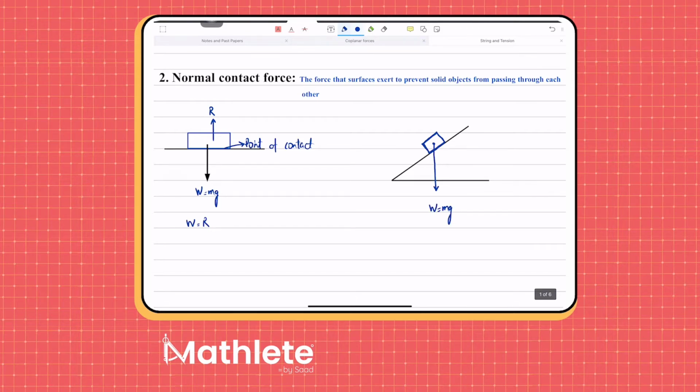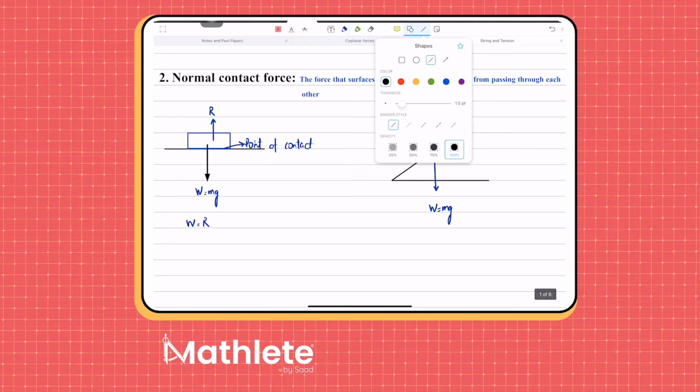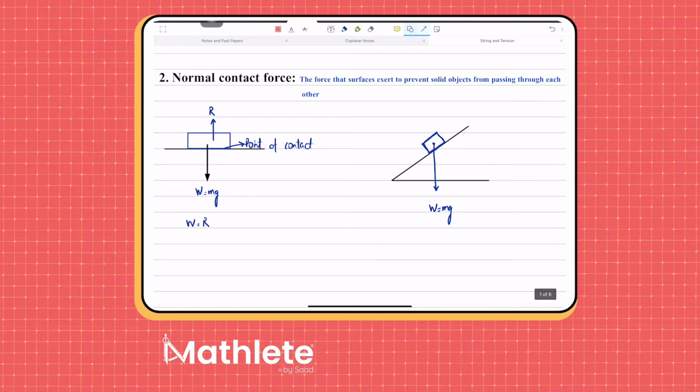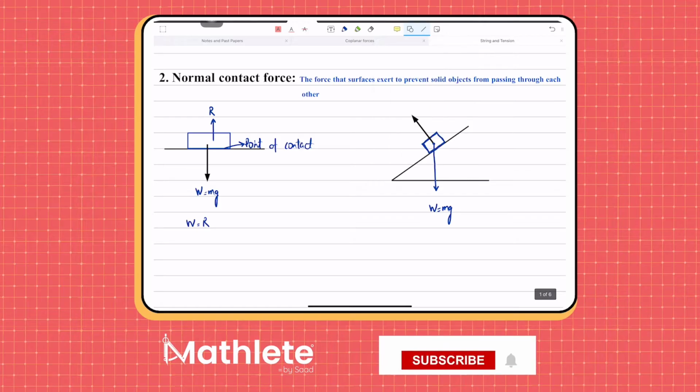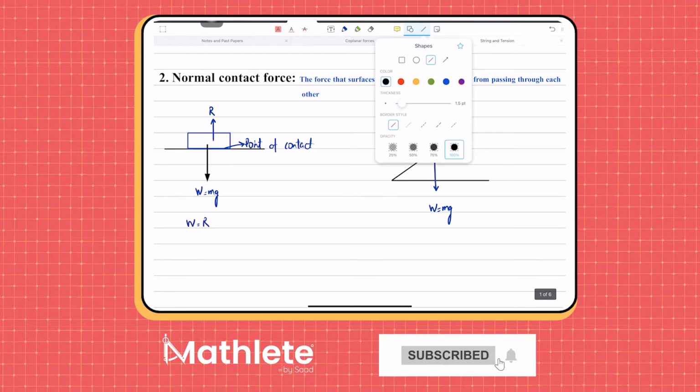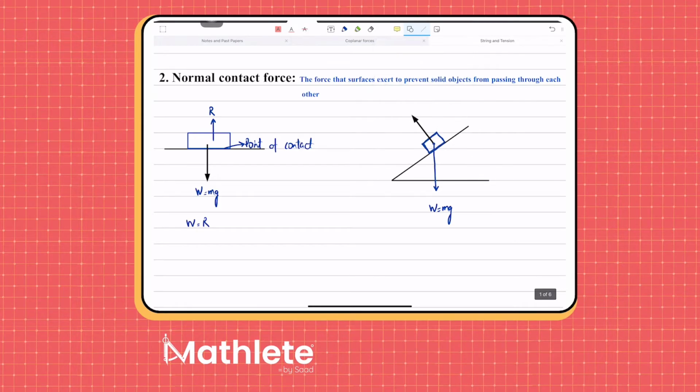Now what about the normal reaction force? The normal reaction force, remember, is the force that is always perpendicular to the surface. So the normal reaction force will be acting in this direction. Why this direction? Because this is perpendicular to the surface on which the object is resting.